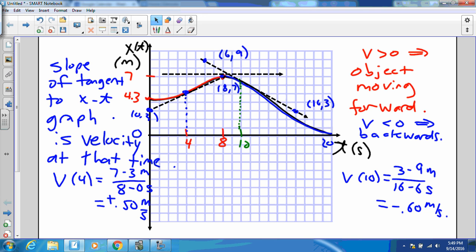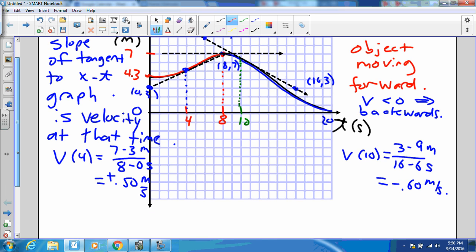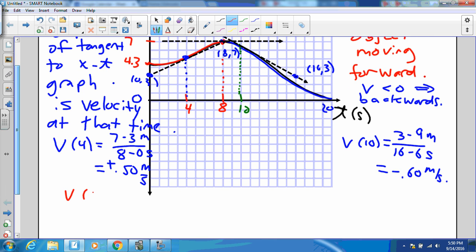And sure enough, if I draw a line tangent to the graph at the top of this curve, at the maximum point in the curve, then you can see that the slope of that line is 0. So right here at t equals 8, the velocity at 8 is equal to 0, the slope of the line. And that indicates that the object is stopped.